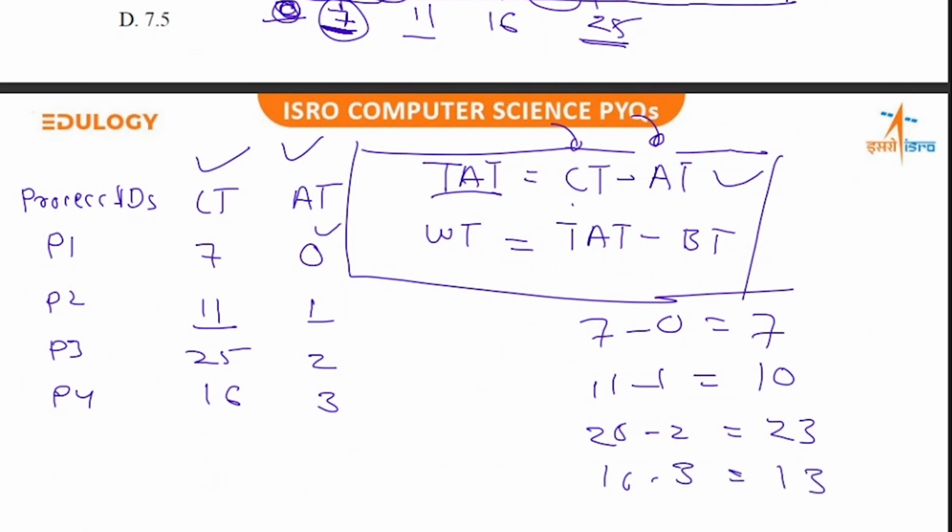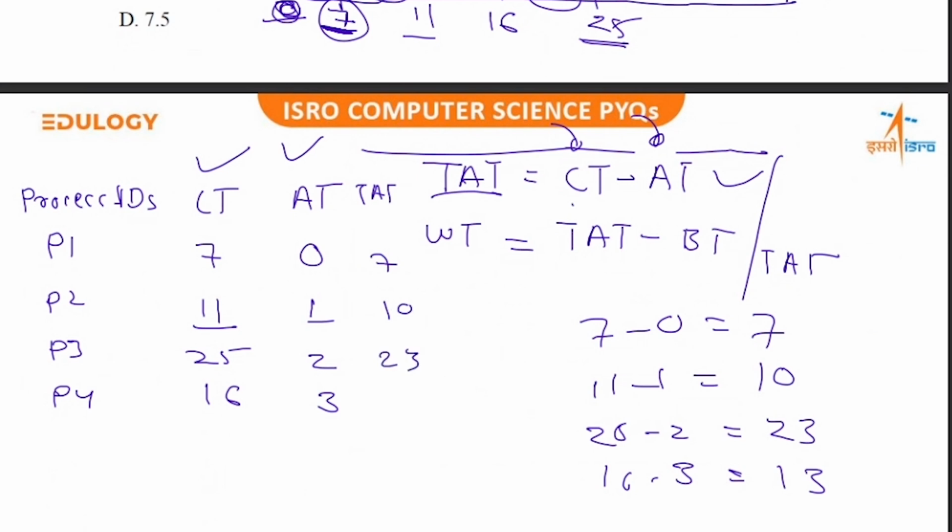So this is your turnaround time. I think you are able to understand what I am doing here. So I am writing here TAT: 7, 10, 23 and 13.